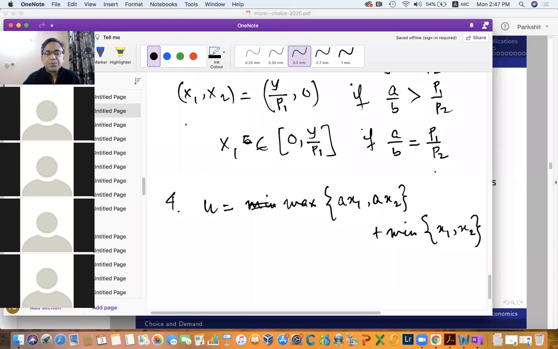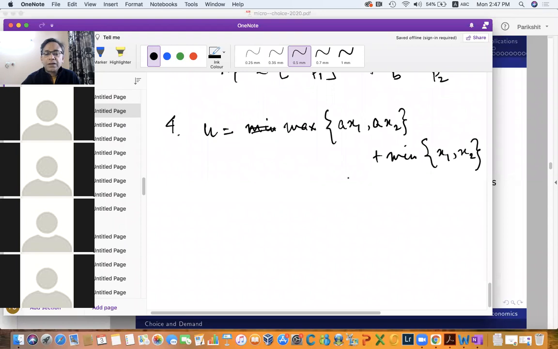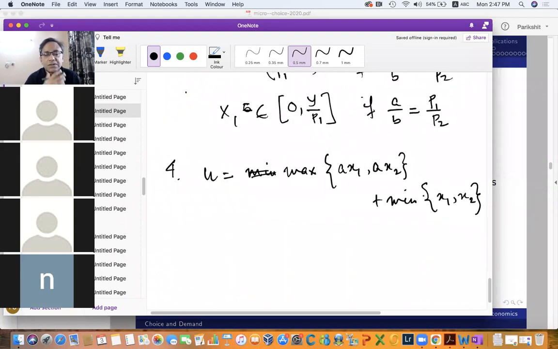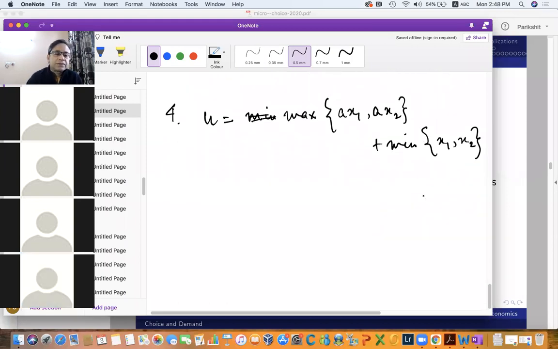I'll specify it later. A is some positive constant. Okay, what do you think the indifference curves look like in this case? These are perfect, so straight lines.